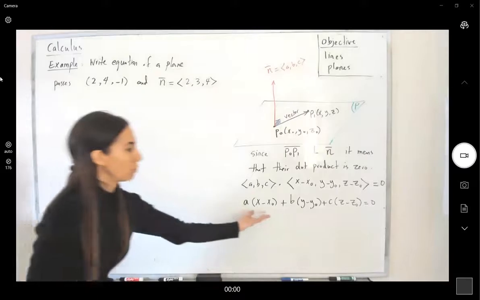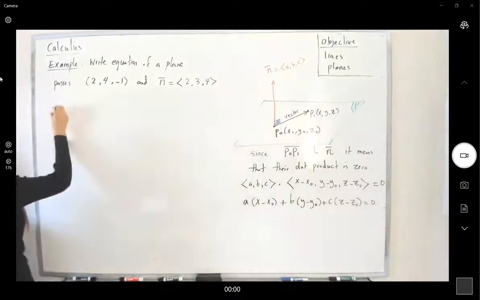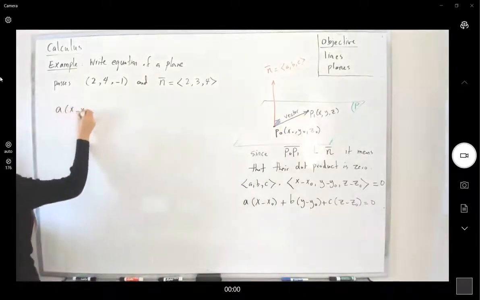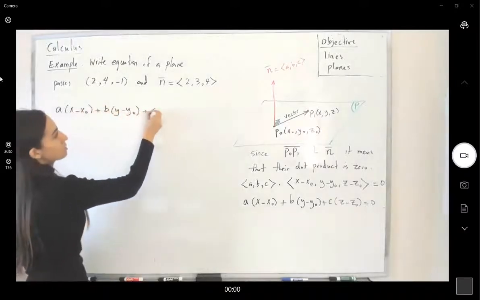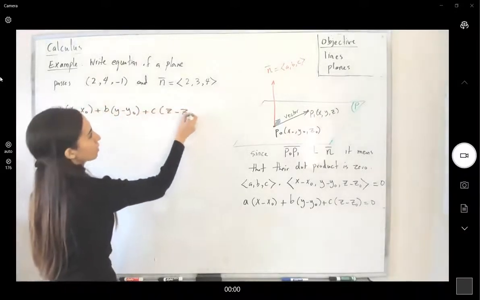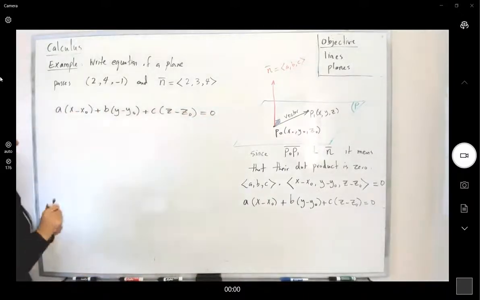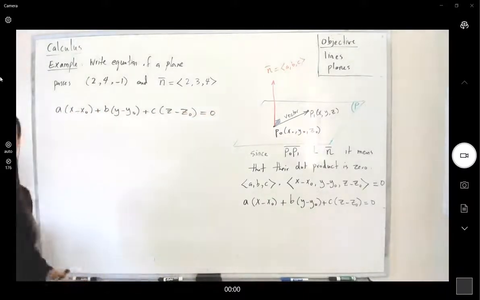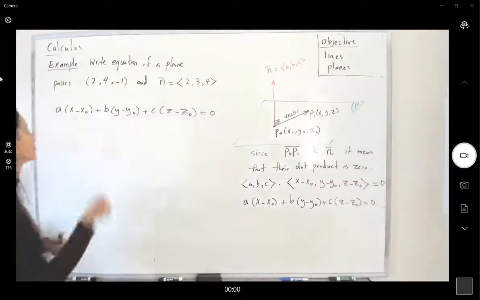So the equation of the plane can be written as A times x minus x sub 0 plus B times y minus y sub 0 plus C times z minus z sub 0 equal to 0. Let us identify the information that is given to us, plug it in, simplify, and eventually graph our plane.